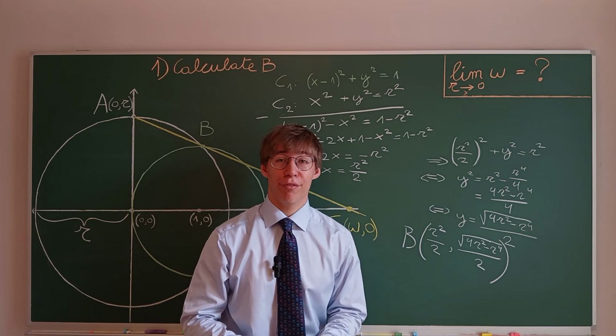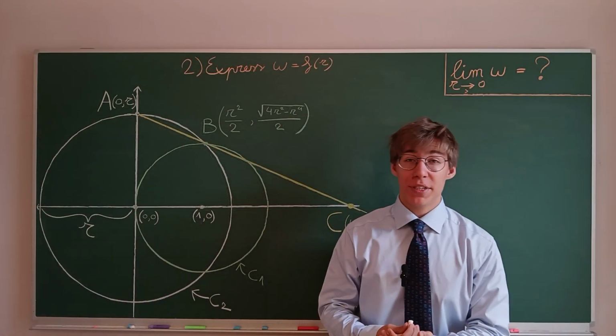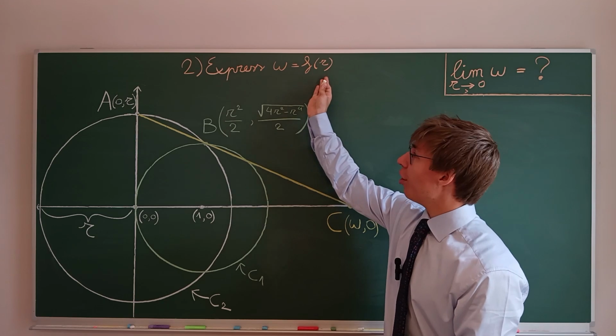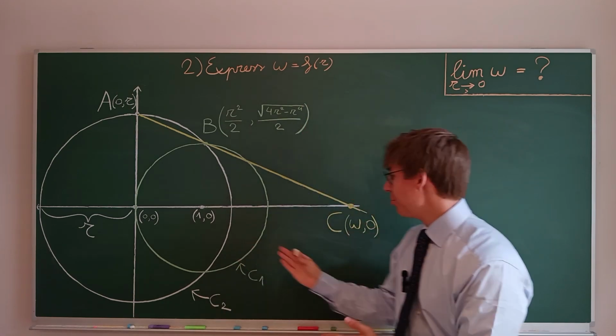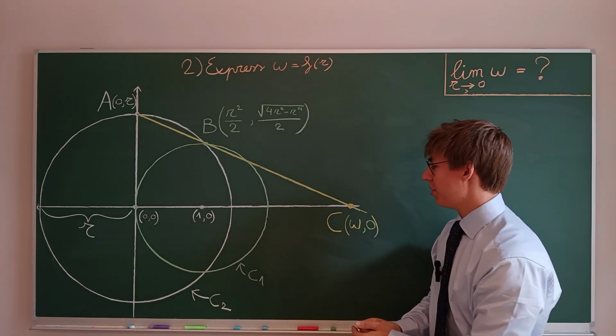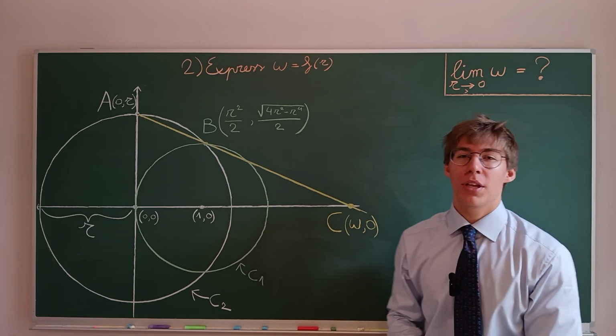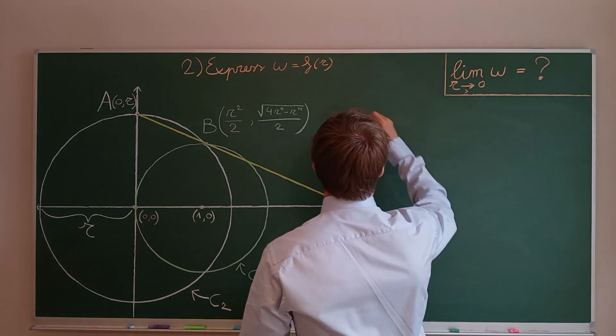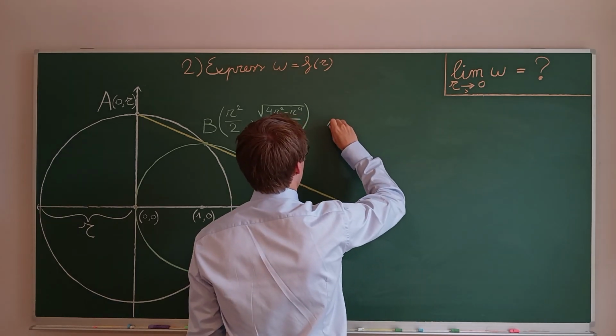So now it's time for step 2. Now for the second step, we are going to express omega as a function of r. And to do this, we have to calculate this point C, (omega, 0). So let's first calculate the slope of this yellow line. Let's call this m.